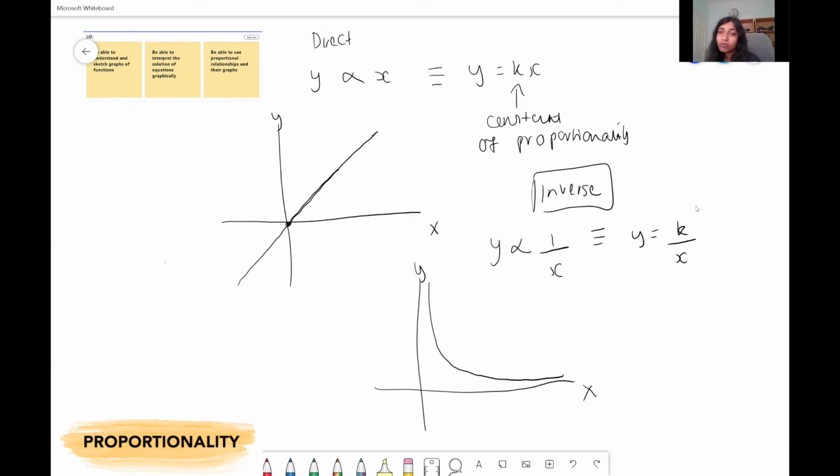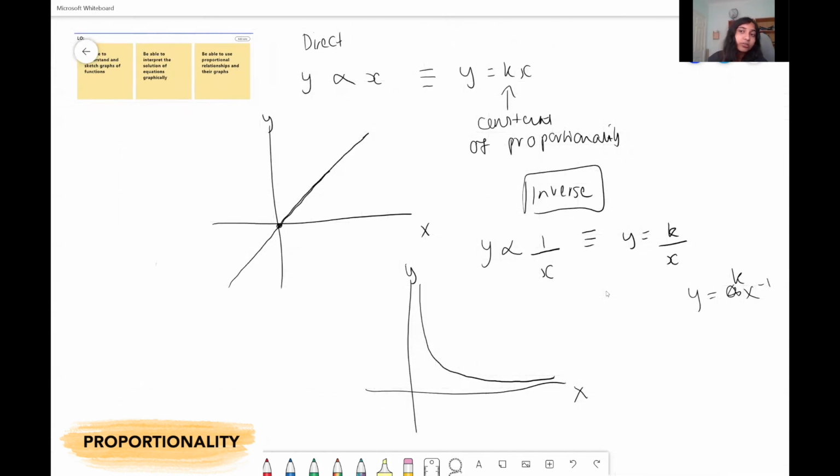If you remember the graph which was like odd and negative, like y equals kx to the power of negative 1, you would have it in the top right quadrant and in the bottom left quadrant. We're just doing positive values, so it would just be in this quadrant. So that is in a nutshell what proportionality is and what their graphs are.